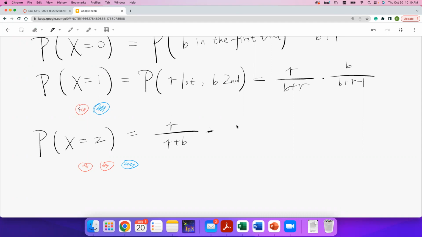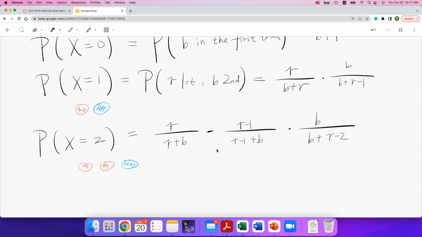The second time you choose a red ball, you have R minus 1 red balls. So this is the probability of choosing the red ball. On the third time you choose a blue ball, you have a total of B blue balls, but now your total number is B plus R minus 2. Okay, because the first 2 red balls are never put back.